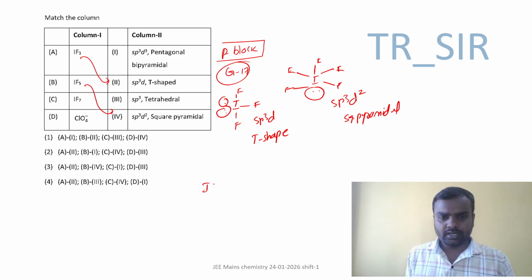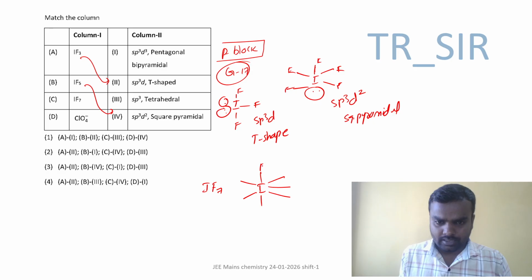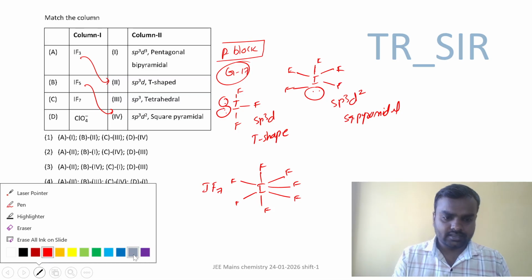IF7 is the most important structure. IF7 you will have like this. Pentagonal bipyramidal. This is the highest number of atoms surrounded by the central atom in interhalogen compounds.